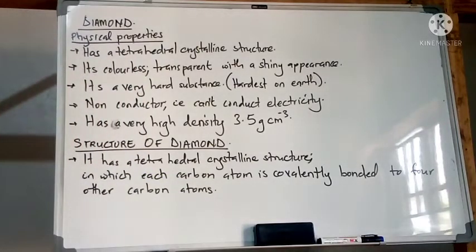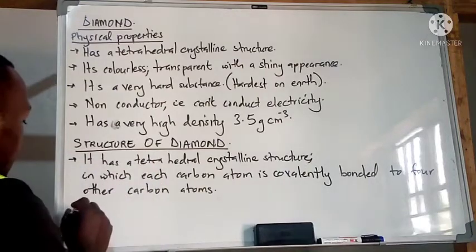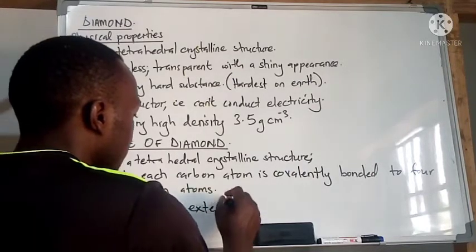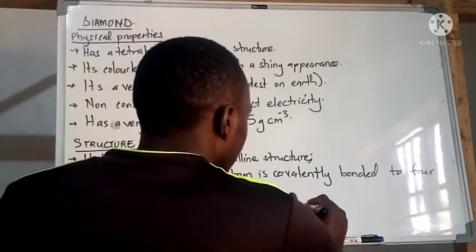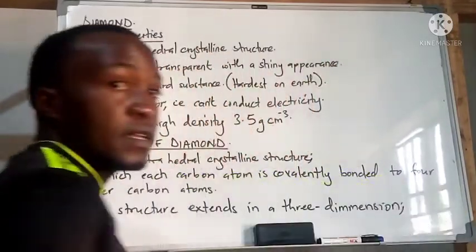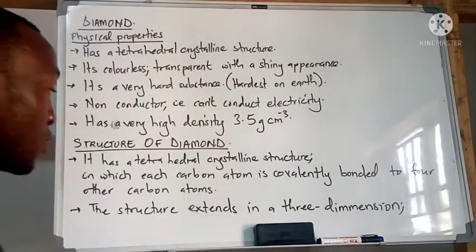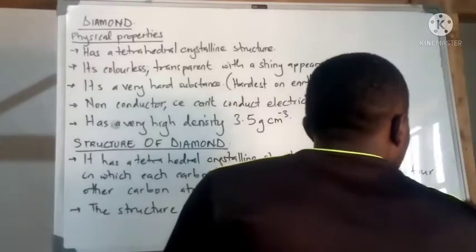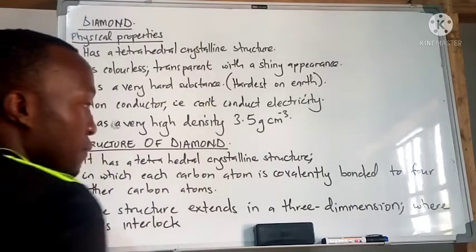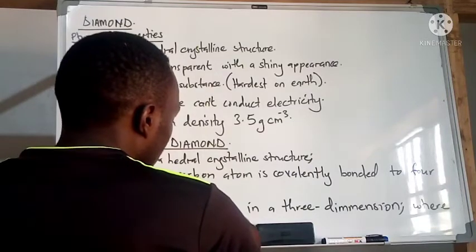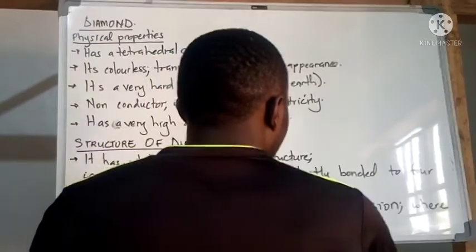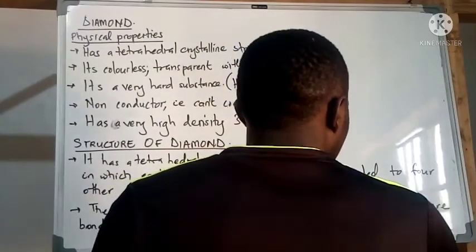That is number 1. So this structure extends in 3 dimensions, where bonds interlock, making diamond a very hardy substance.